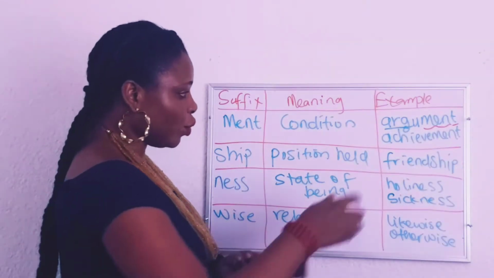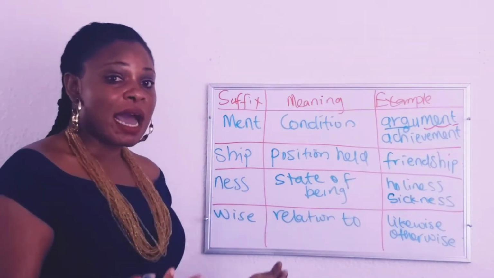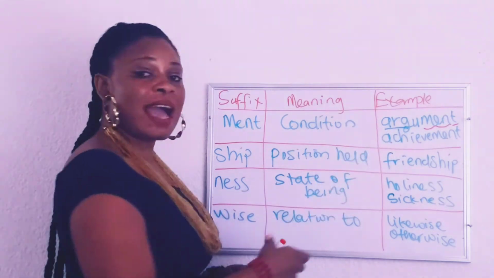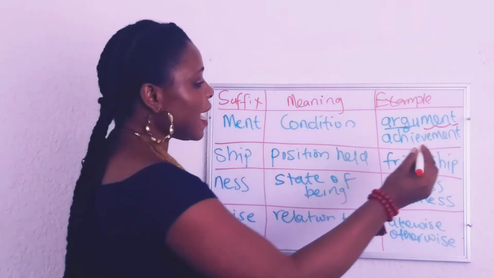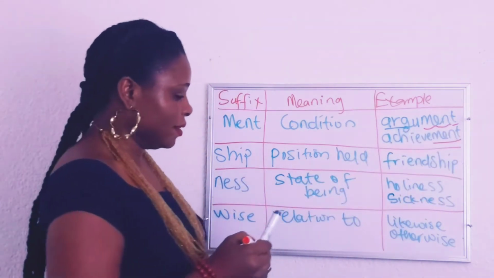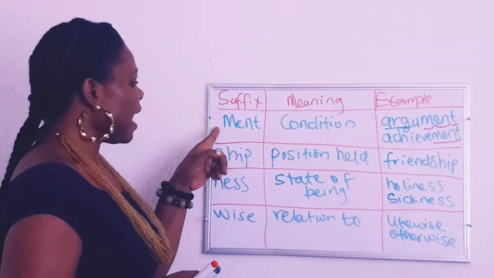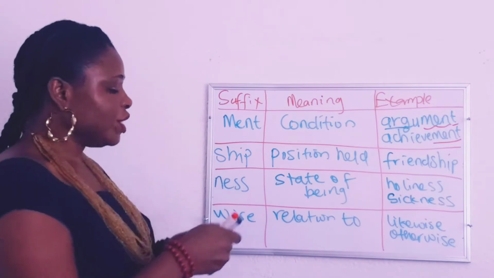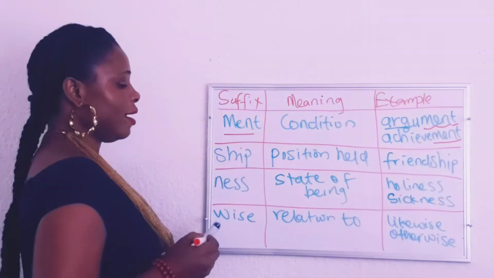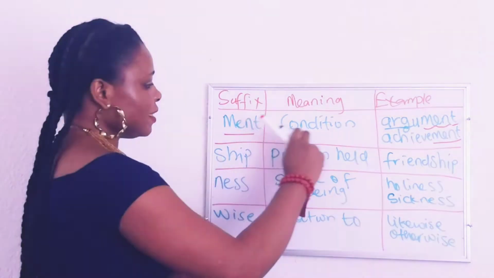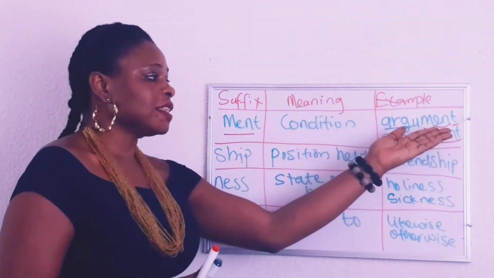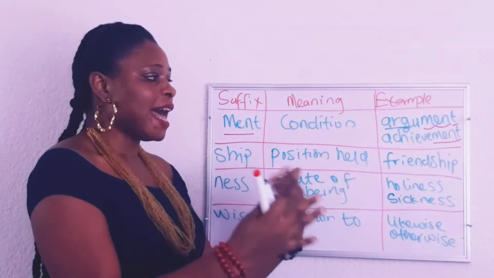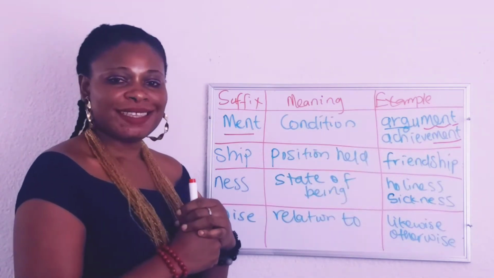We have the second one, which is achievement. Now, I want to believe that you know what the affix is here. Just in case you still don't understand, the affix here is what? Ment. Because the affix is ment, which I already told you here. And this is the meaning, a condition of something, and we have argument, and the affix here is ment, achievement, and the affix here is ment.